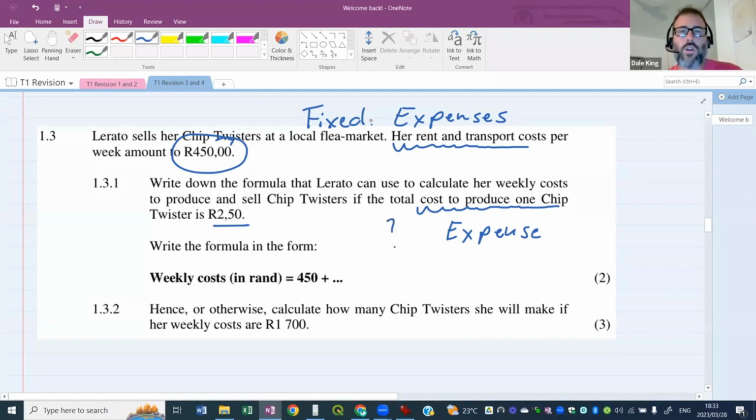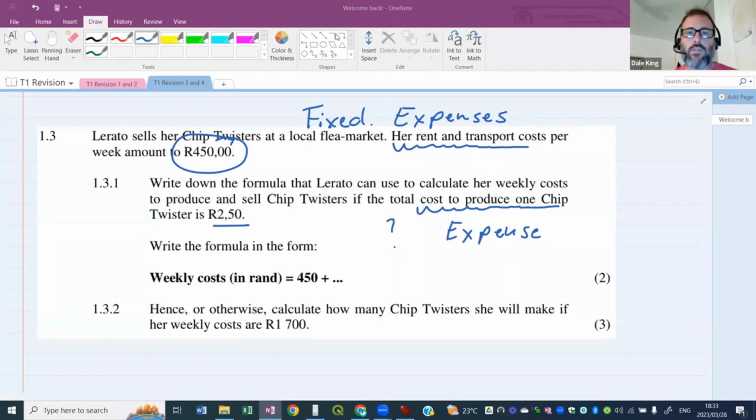Good. If the top ones are fixed, is the cost to produce one chip also fixed? Will, in 1 week, think about this. In 1 week, will the number of chips that she produces be fixed? Will she sell the same amount of chips every week? That's a big clue for you. Variable.